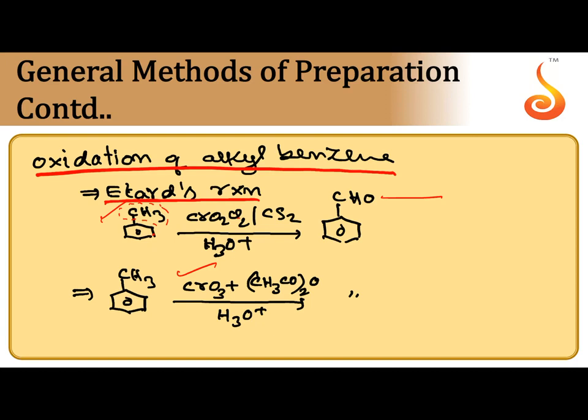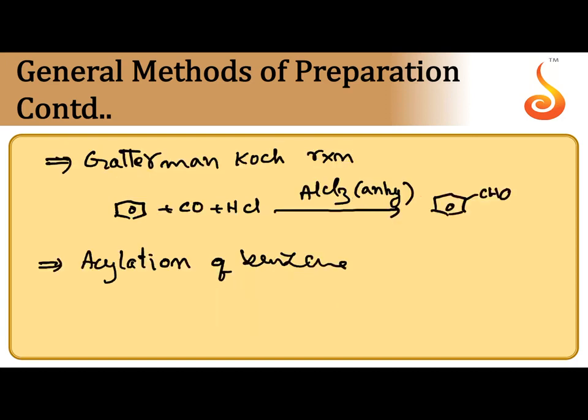The same process takes place via an intermediate, and we can get benzaldehyde. Next, Gattermann-Koch formylation. When benzene is reacted with a mixture of carbon monoxide and HCl in the presence of anhydrous aluminum chloride, HCO+, the formylium ion, is the attacking electrophile.